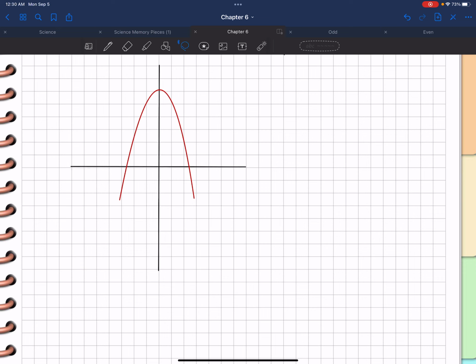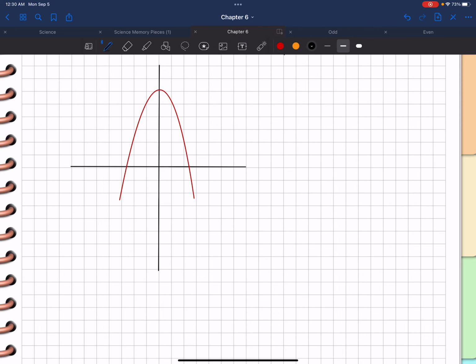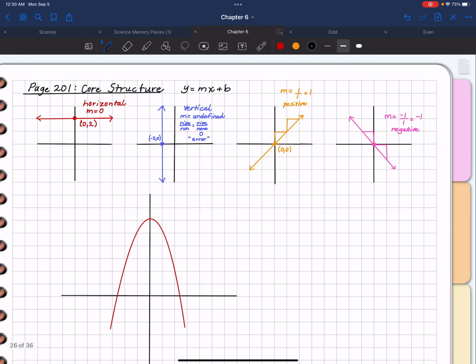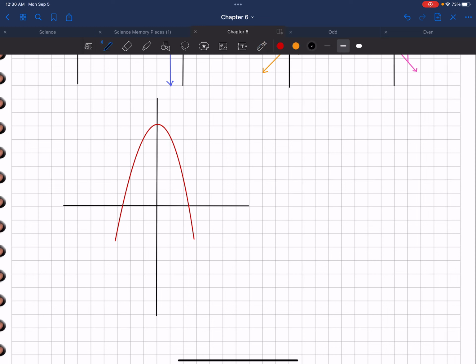It is a parabola, and this is the part that I need to explain to you. A parabola has a standard pattern. Just like up here we had slope-intercept form, well, a parabola has its own form. And you need to know what that is to understand something here.